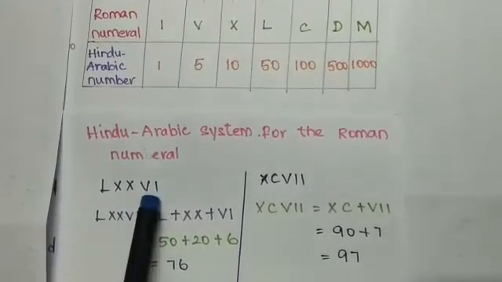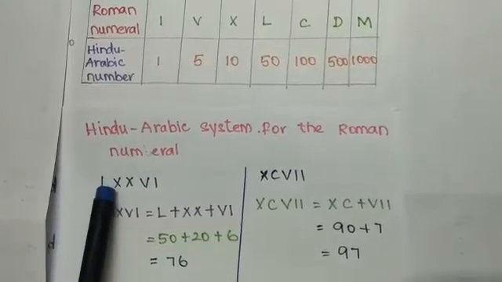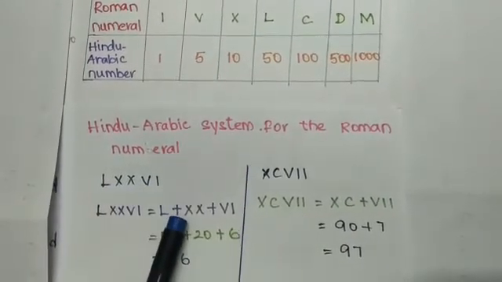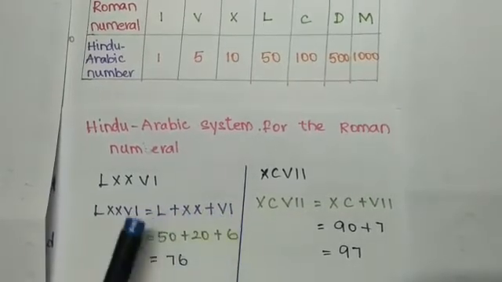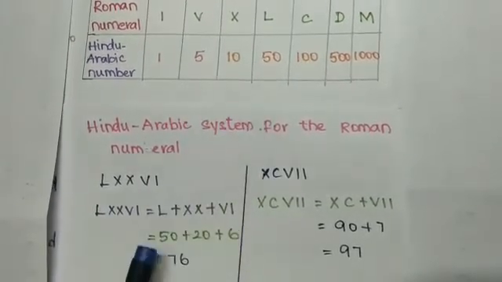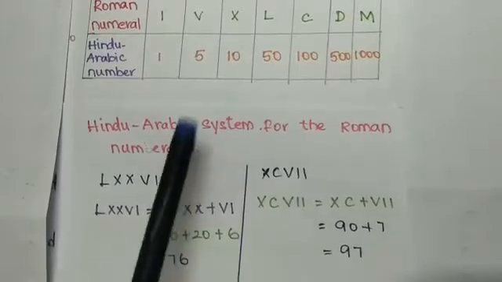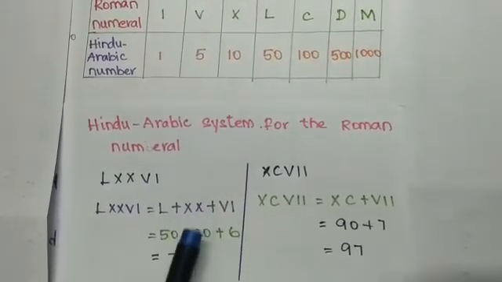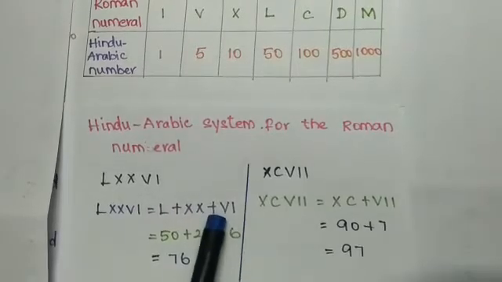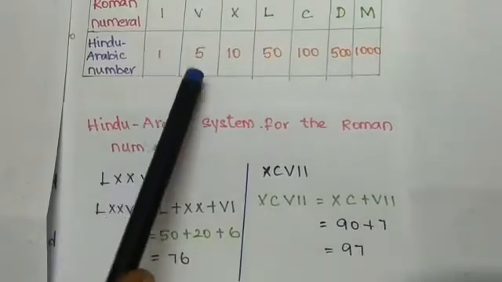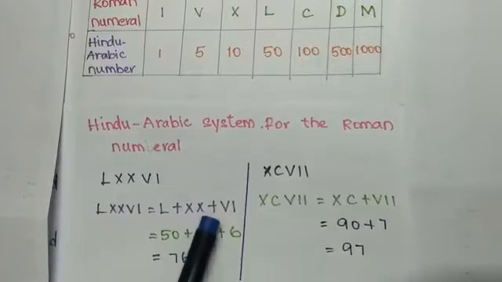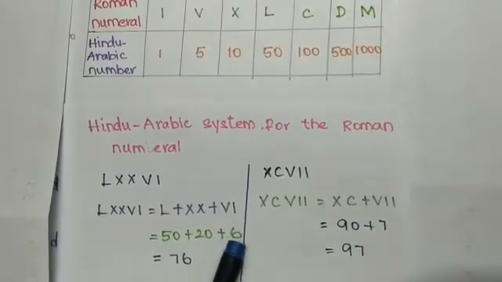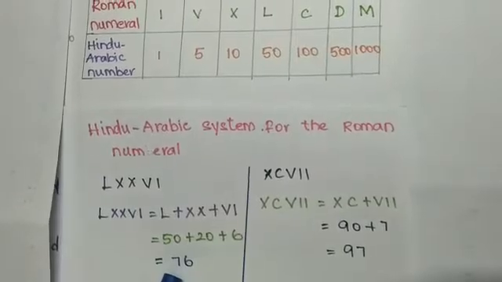Here it is the Roman numeral L, X, X, V, I. L is for 50 and X is for 10 and again one more X is for 10. So 10 plus 10 is 20. Here they have given VI. V is for 5 and I is for 1. VI is 6. So 50 plus 20 plus 6 comes to 76.